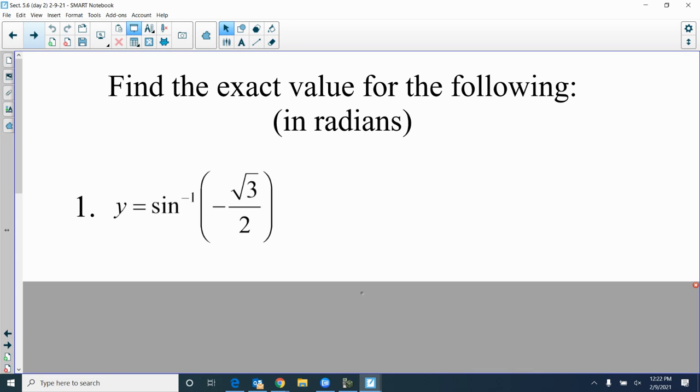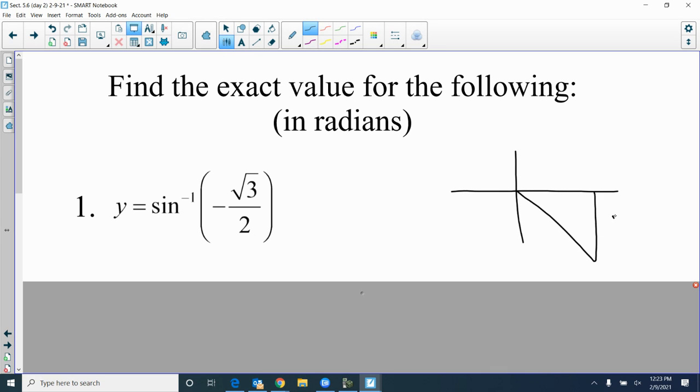So for inverse sine, if anything is positive, it's in quadrant 1. This means it's in quadrant 4. So it means that the opposite side is negative square root of 3 over 2. This is the angle I'm looking for. Well, what is that angle going to be? In degrees is okay for now. In degrees is going to be 60 degrees.